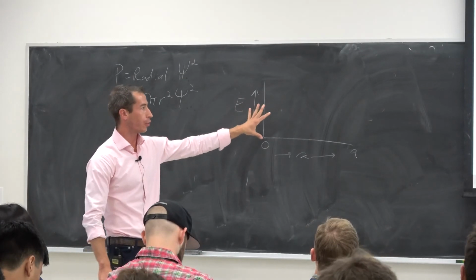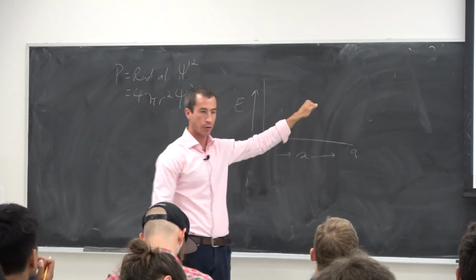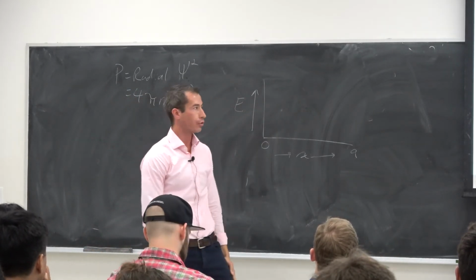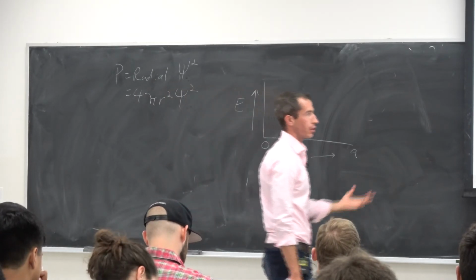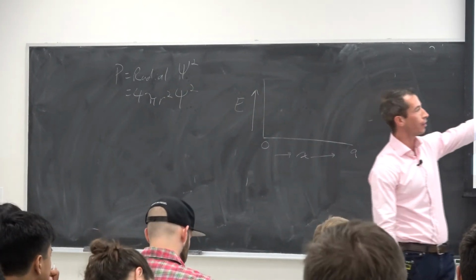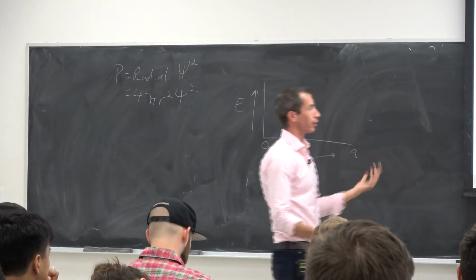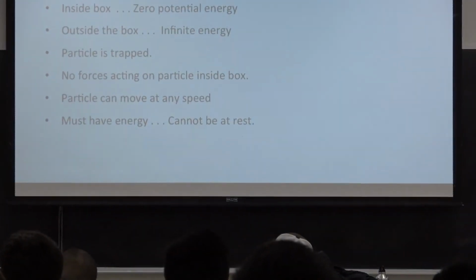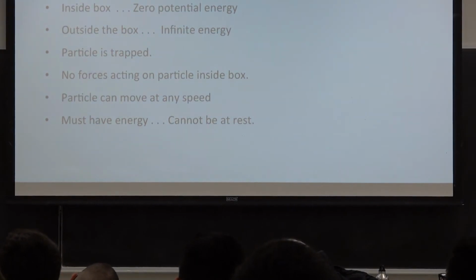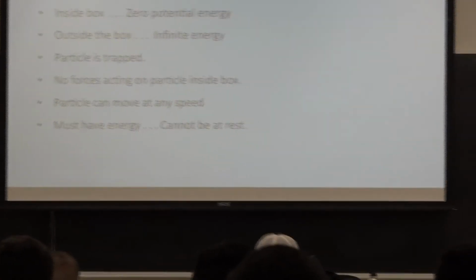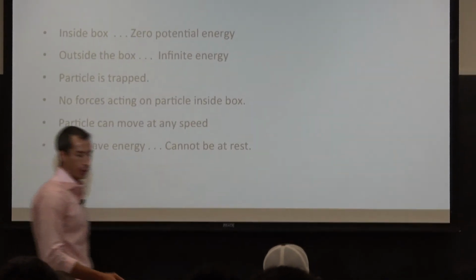Inside the box, you have 0 potential energy. So the particle is trapped, energetically. Your assumptions: there are no forces acting on the particle inside the box. It's a completely closed system. The particle can move. It has to move. It cannot be at rest. It must have energy.